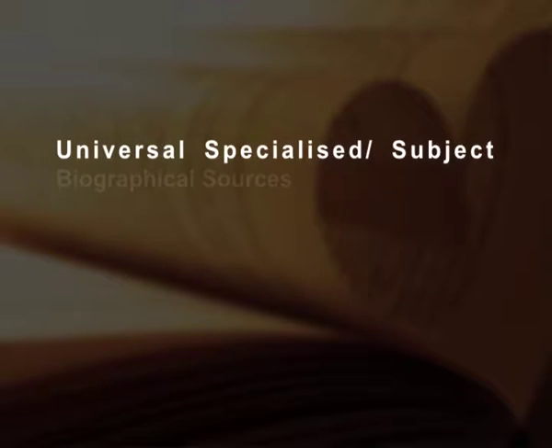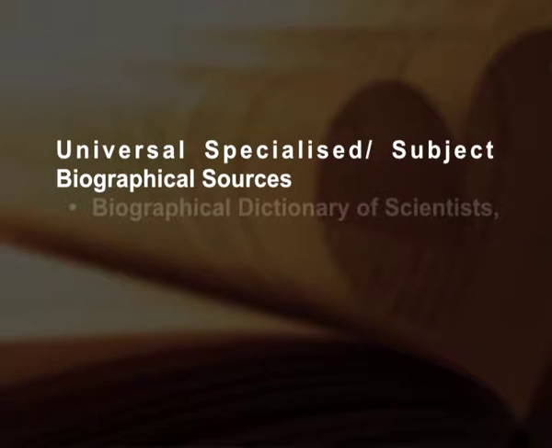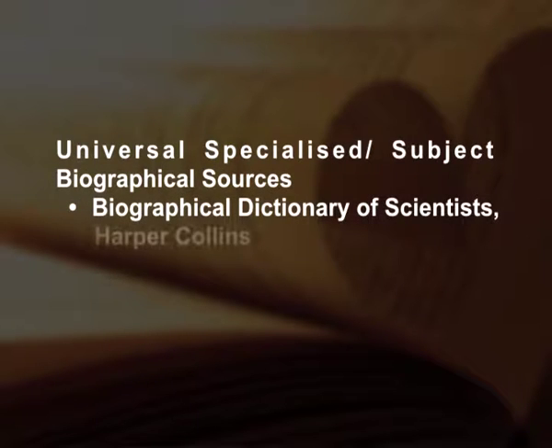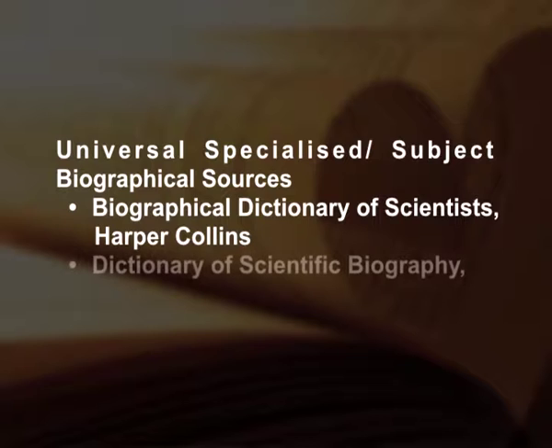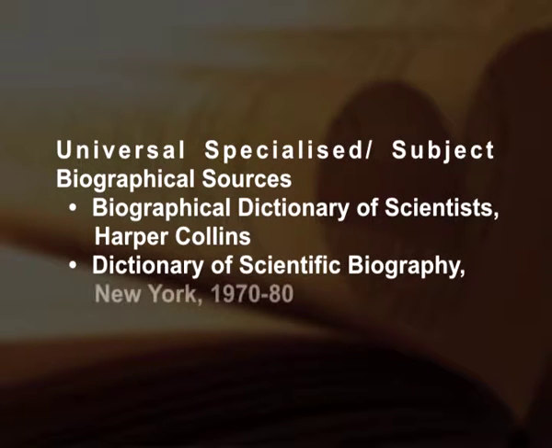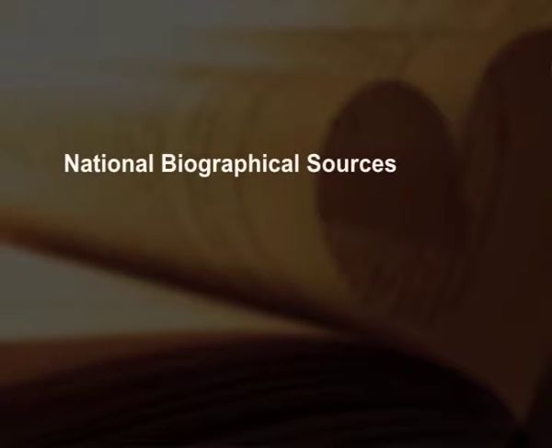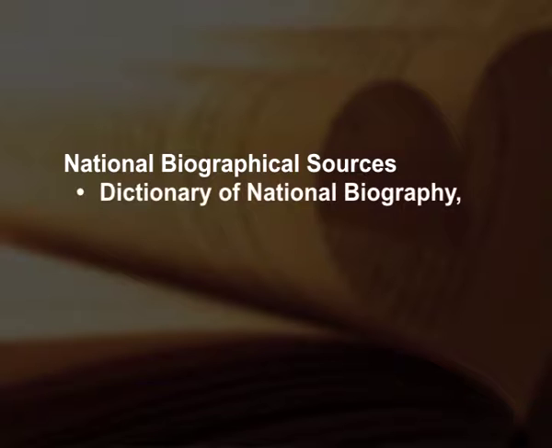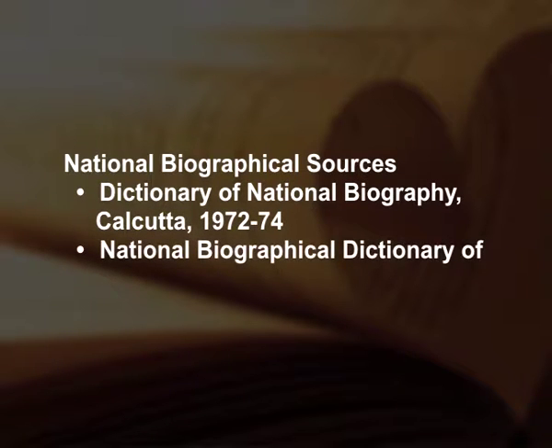Universal Specialized Subject Biographical Sources: Biographical Dictionary of Scientists, Harper Collins, Dictionary of Scientific Biography, New York 1970 to 1980. National Biographical Sources: Dictionary of National Biography, Calcutta 1972 to 74, National Biographical Dictionary of India, Bombay 1986.